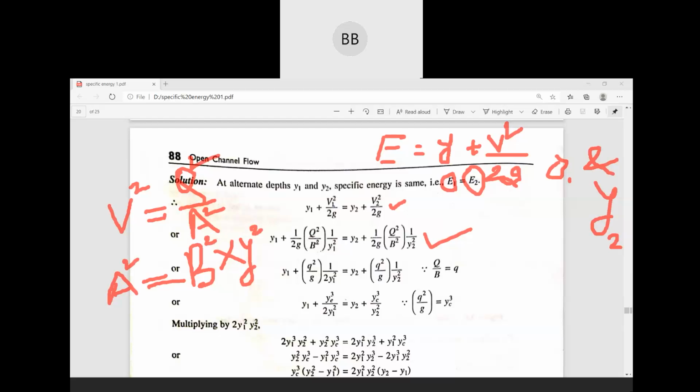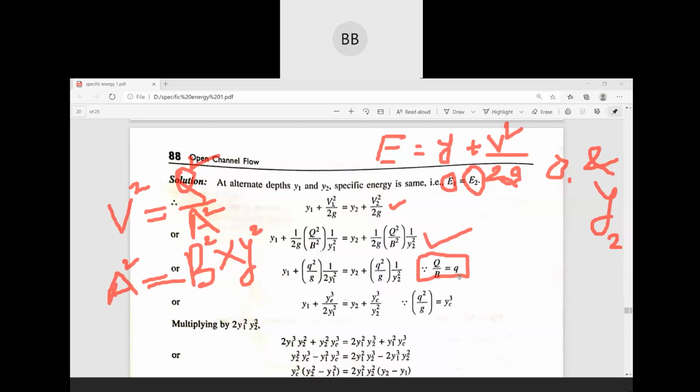That is why q square by b square multiplied by 1 by y1 square. As we have considered alternate depth 1, we have written y1 here, but that depth will change in the second part.